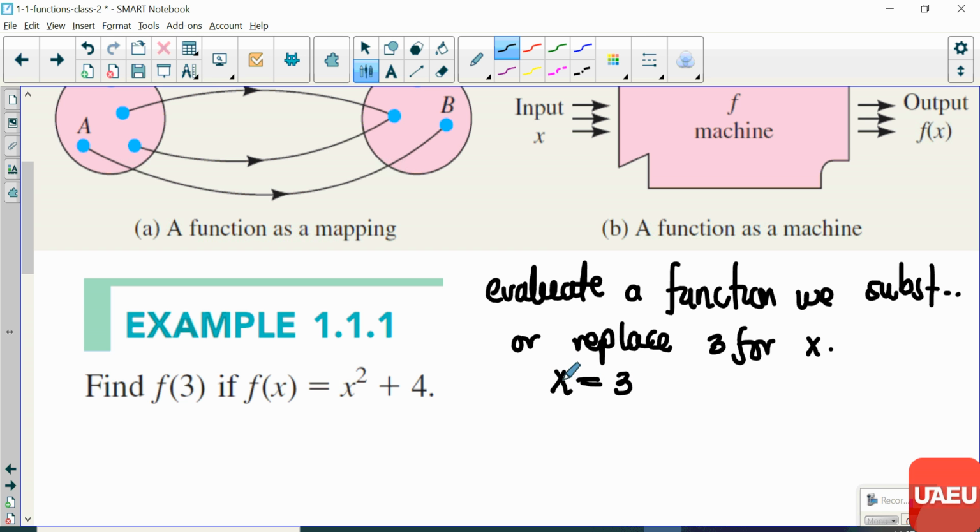So wherever we have an x, we are going to put a 3. So when we say f of 3, the x here is now 3, so put 3 to the power of 2 plus 4. And 3 to the power of 2 is 9, plus 4, that is 13. Okay, so we have learned how to evaluate a function at this stage.